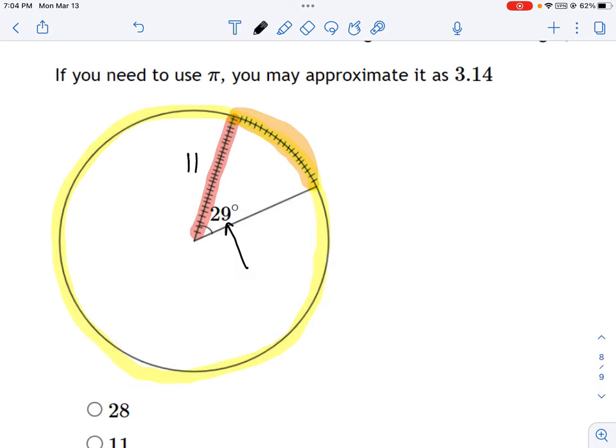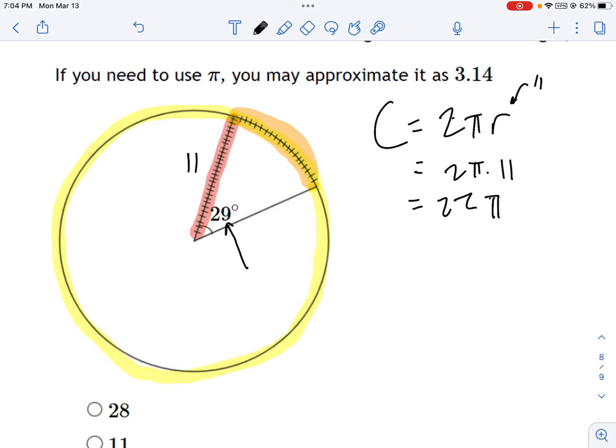Specifically, it's a 29-degree section of your circumference. So how we can find it is we could say, well, circumference of a circle is 2 pi r, where we know our r is 11. That's 2 pi times 11, in other words, 22 pi. That means that entire yellow line is 22 pi.